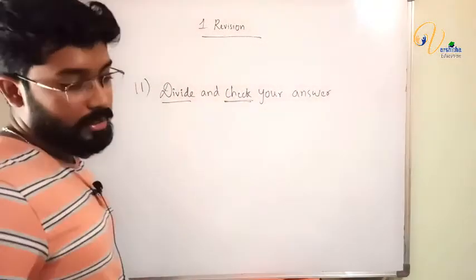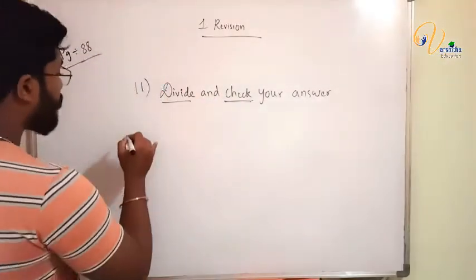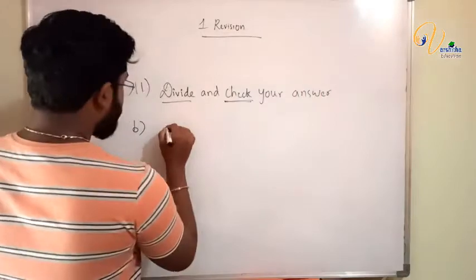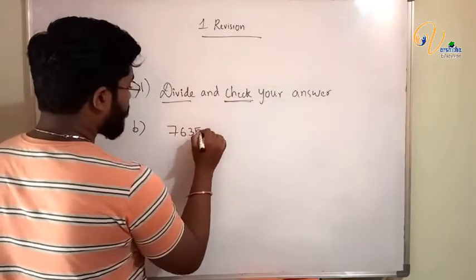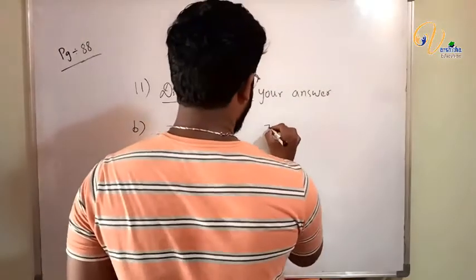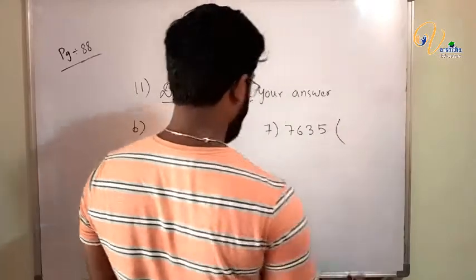So let us go to the next one. B. What is the B? 7635 divided by 7. Let us do the division and also check.